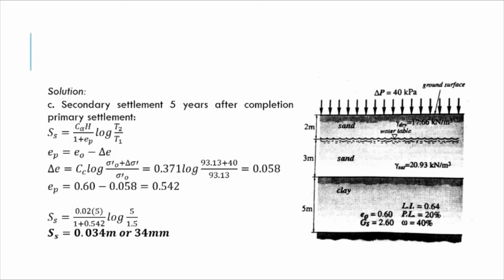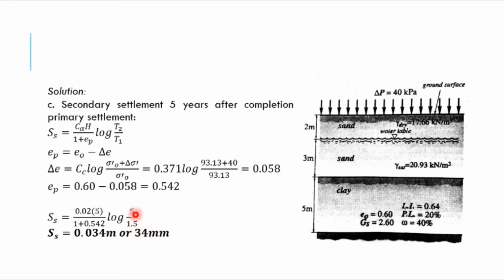So, ang t2 ay yung years after primary consolidation settlement. So, pag ang sabi is secondary consolidation settlement after 5 years, ibig sabihin, isa-subtract mo muna yung time na nag-take yung primary consolidation settlement. Ibig sabihin, 5 minus 1.5 is 3.5.